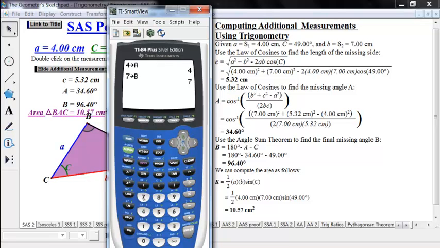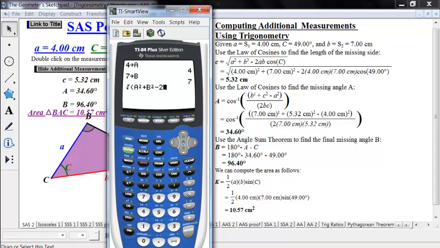So I'm going to do the square root of alpha A square plus alpha B square. Of course, I could have just typed in 4 square and 7 square there.